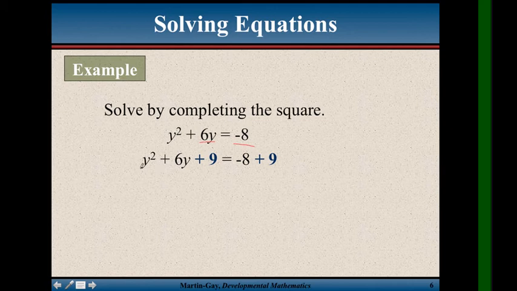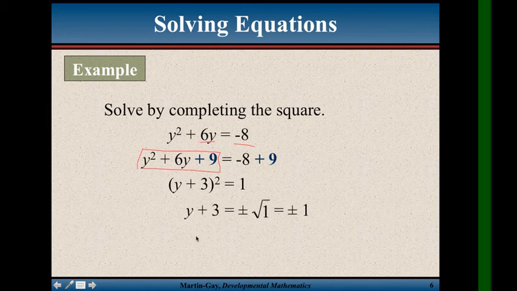So the factor of y squared plus 6y plus 9 is y plus 3 squared equals negative 8 plus 9, which is equal to 1. Okay, so we get the square root by the square root property.